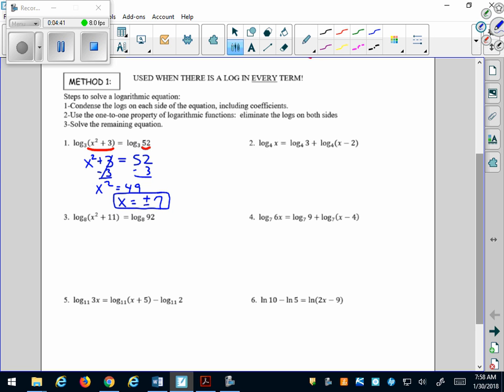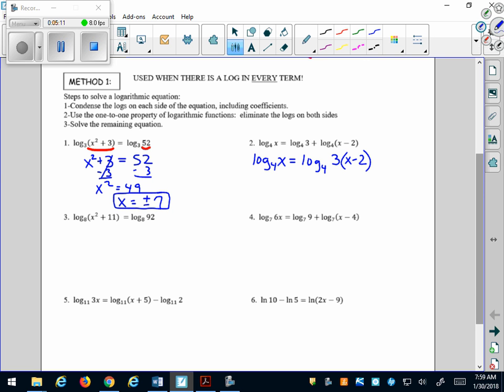The left side of the equation I'm going to leave as log base 4 of x. But the right-hand side is an addition, which means we can write it with one log base 4 of what? Yeah, 3 times x minus 2. Because an addition condenses to just multiplying those terms together.